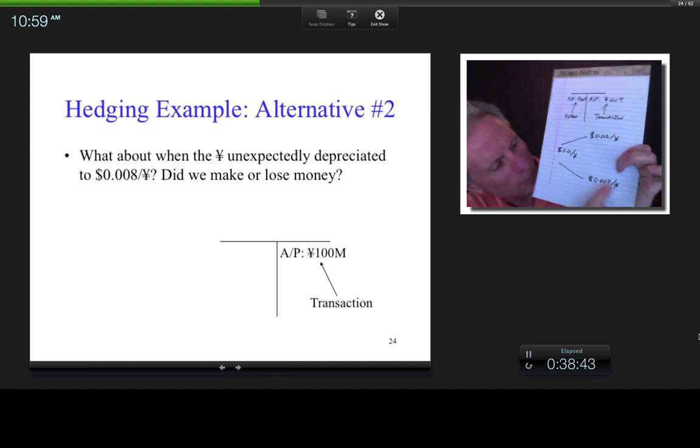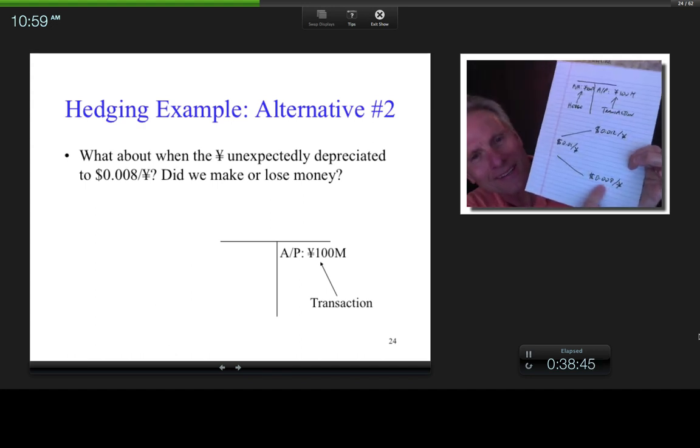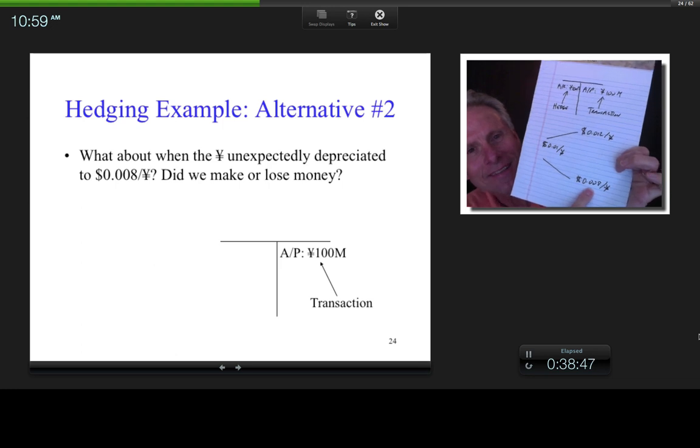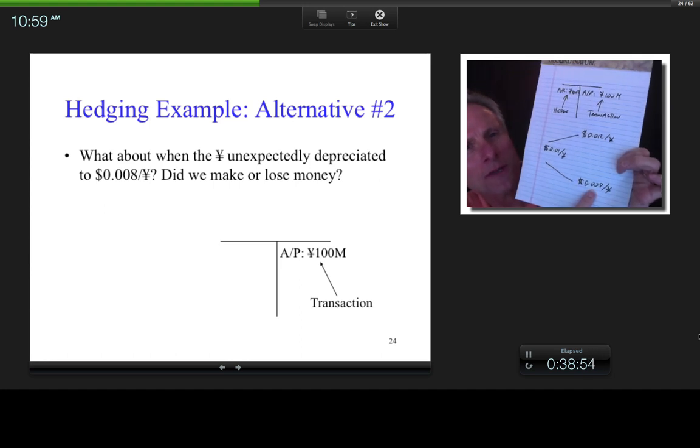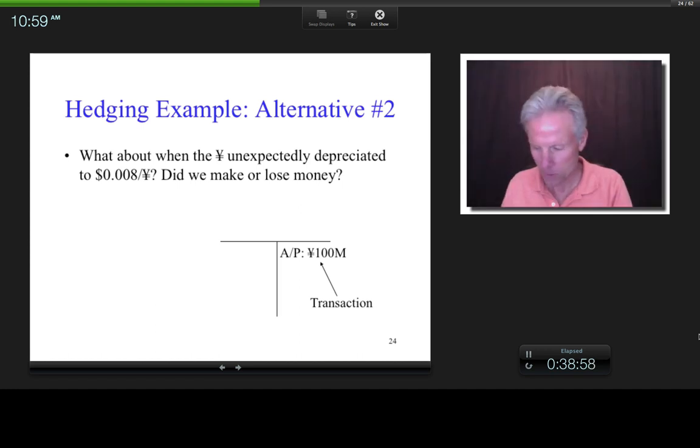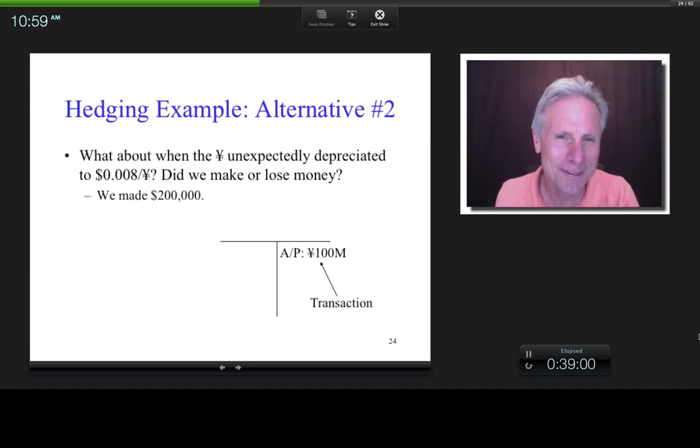But if we took the risk when the yen unexpectedly depreciated, then we would have ended up paying 800,000, which is 200,000 more than expected or less than expected? Less than expected, right? And so we were short something, that something went down in value, and so therefore we made $200,000.